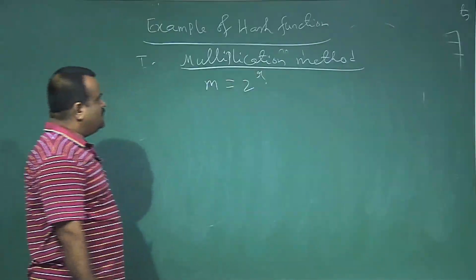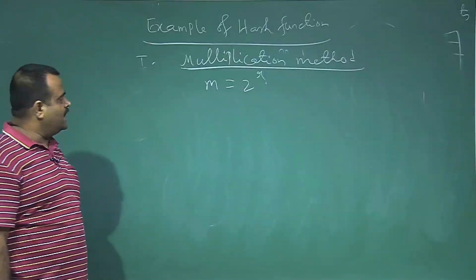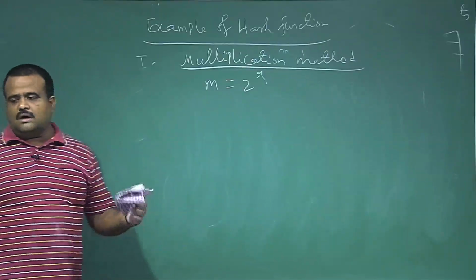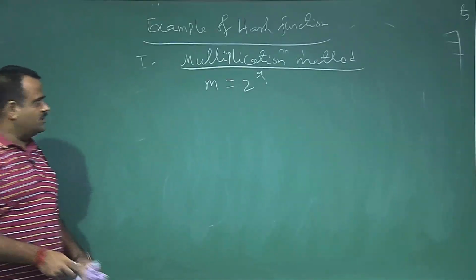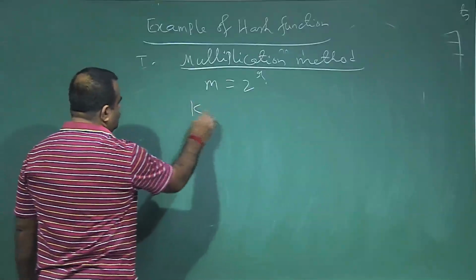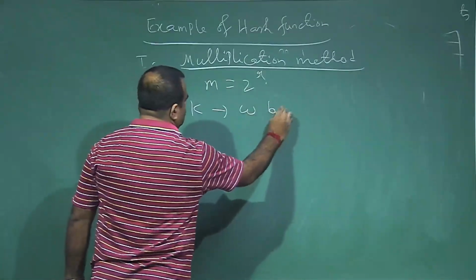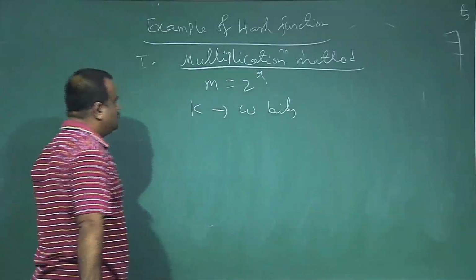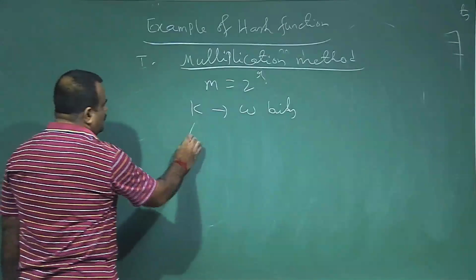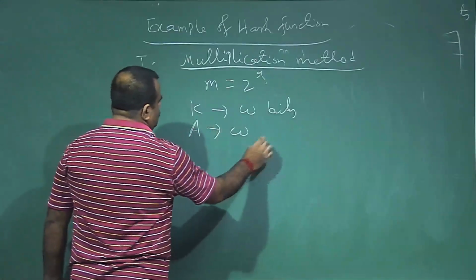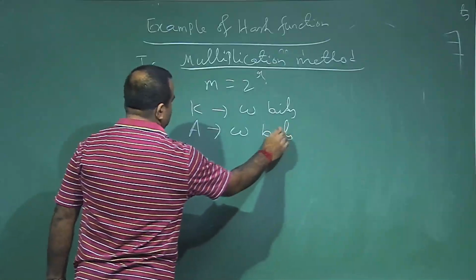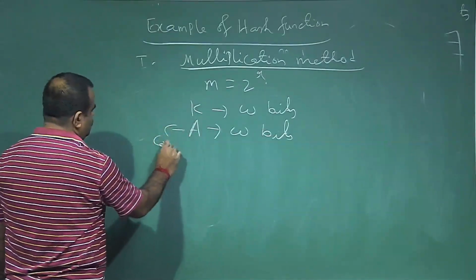So, we are taking m is 2 to the power r. Okay. And suppose our computer words are w bit. So, our key is w bit, binary bits. Okay. Now, we choose a constant a, which is also w bit. So, this is a constant we are choosing.